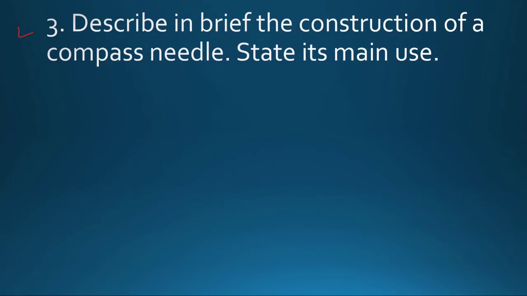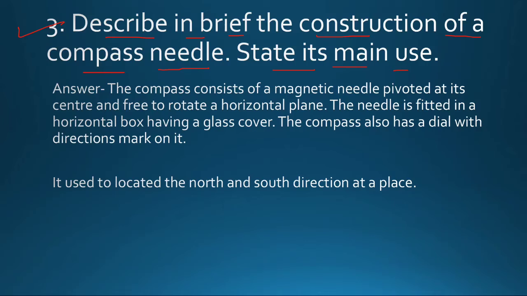Question number 3. Describe in brief the construction of a compass needle. State its main use. Answer. The compass consists of a magnetic needle pivoted at its center and free to rotate in a horizontal plane.